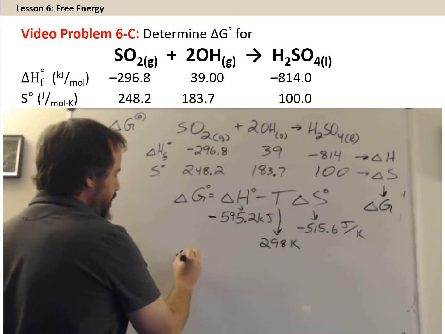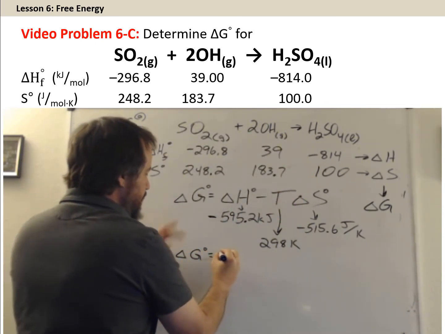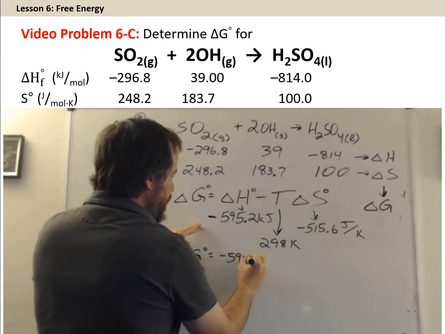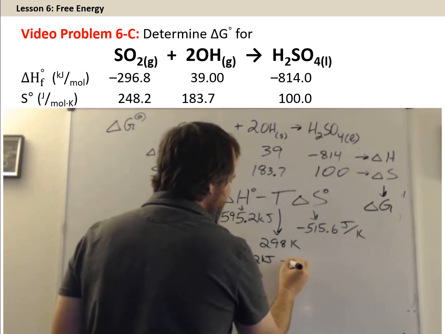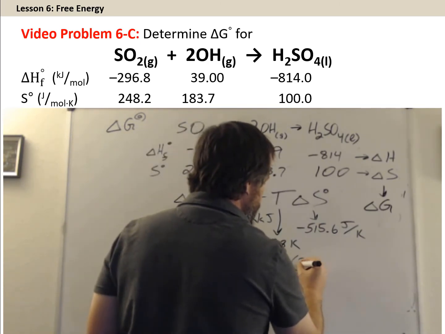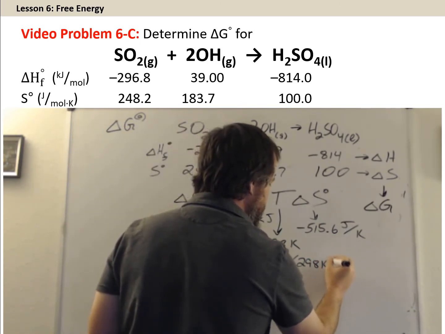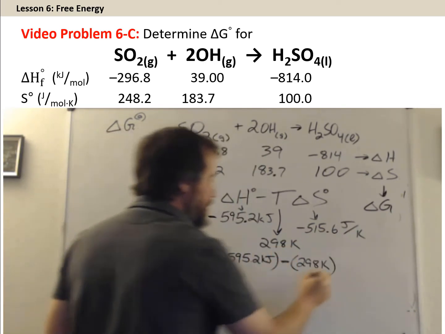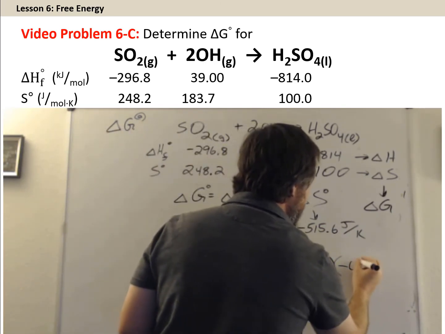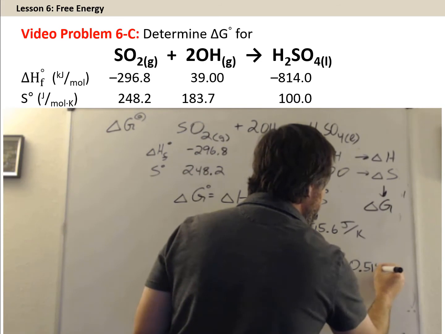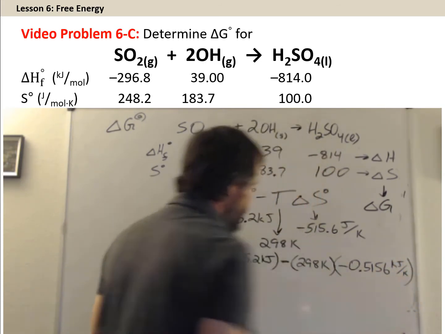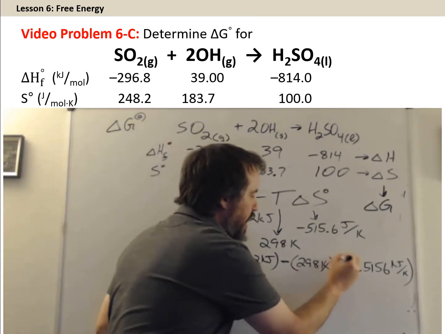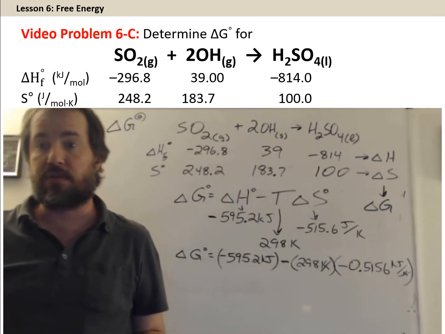All right, so delta G naught equals negative 595.2 kilojoules minus 298 K, go ahead and put parentheses around, and minus 0.5156 kilojoules per K. Okay? The Kelvin cancel out. I'm going to get kilojoules.